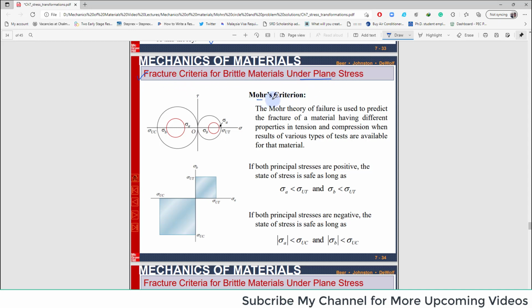In this criteria, the Mohr theory of failure is used to predict the fracture of material having different properties in tension and compression when results of various types of tests are available for that material.